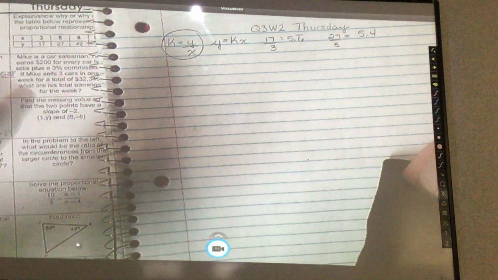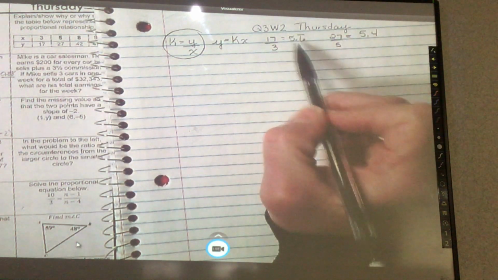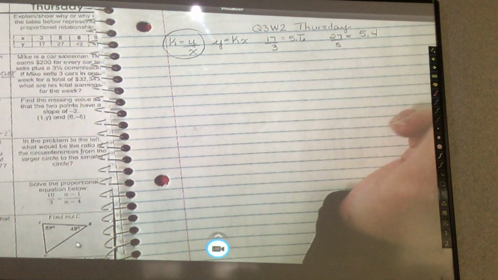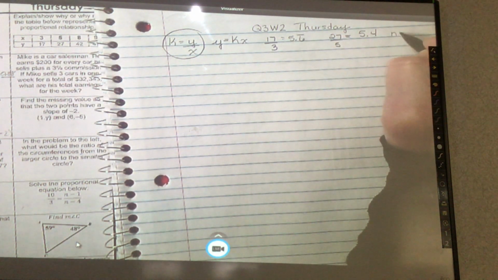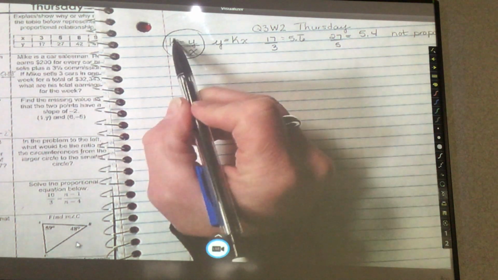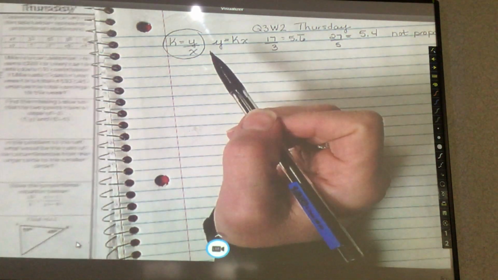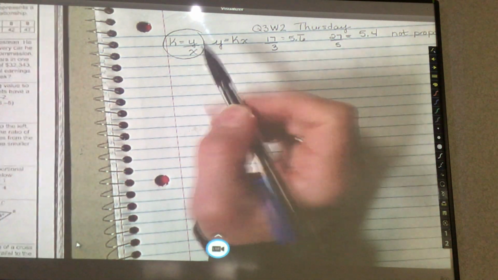Do I have to keep going? No, because I've got one set that don't equal each other, so it is not proportional. And it doesn't have a K, which is your constant. Get used to saying something like that also.